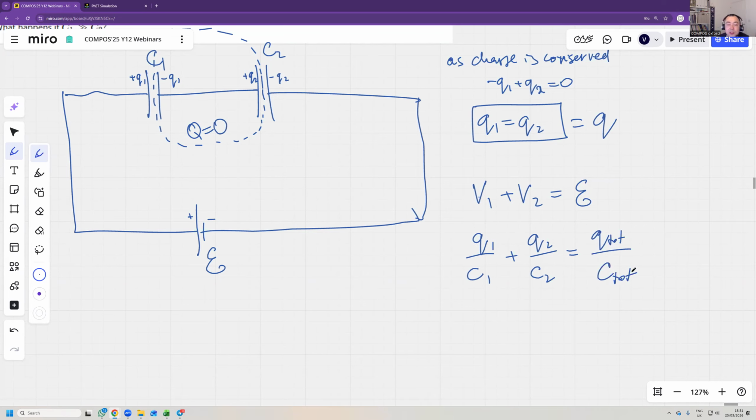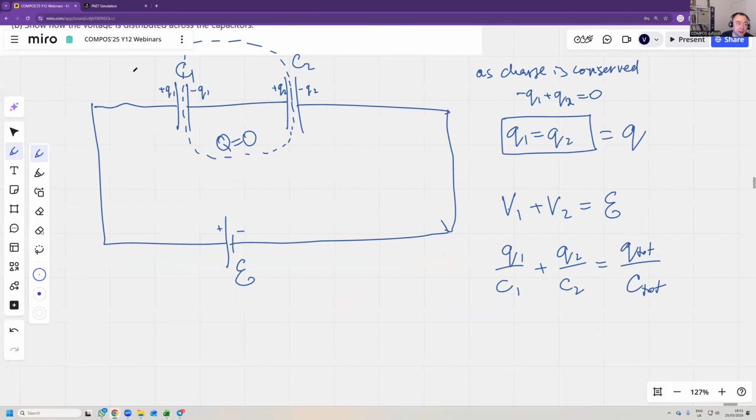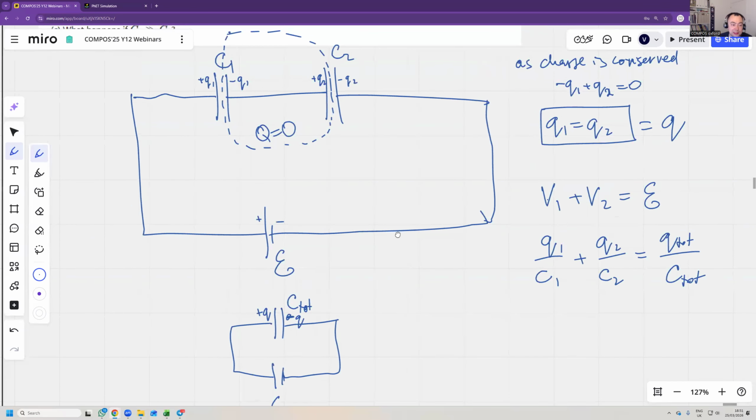But Q total, if you imagine that these two capacitors are replaced with a single capacitor with a capacitance C total, it would have the same charge. So it would have the charge plus Q here and minus Q here, which is the same as Q1 and the same as Q2.